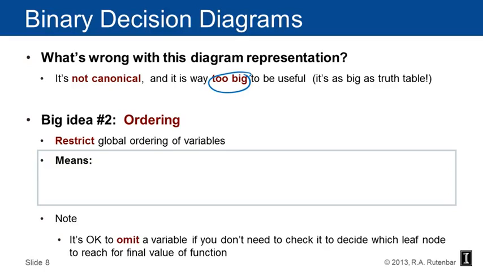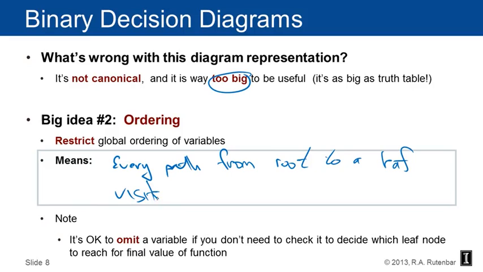So the next big idea after just the first one, which was let's make a decision diagram, is ordering. And in this particular case, we're gonna restrict the global order of the variables. And so what that's going to mean is that every path from the root to a leaf visits the variables in the same order.